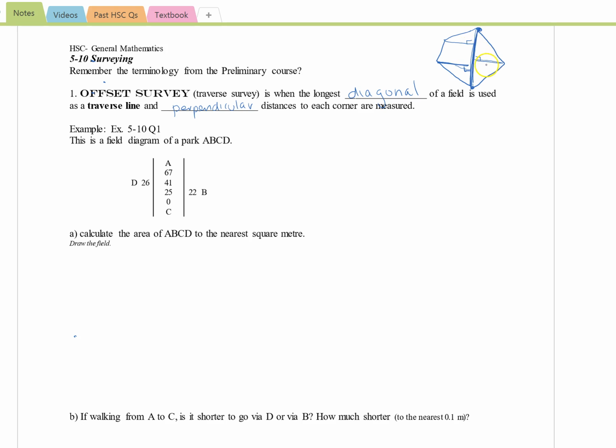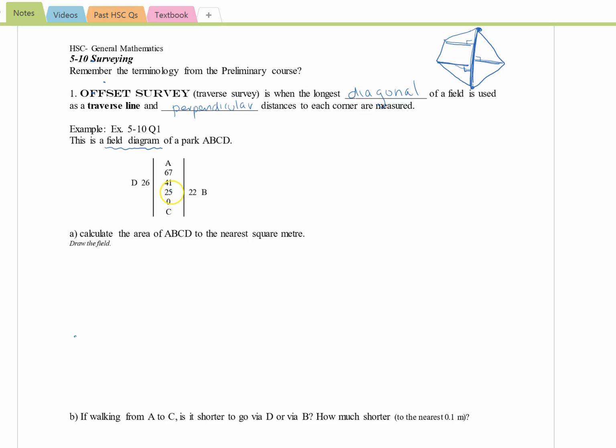So these perpendicular distances get entered into our field diagram. You can see that in this particular example we started at C, and how do I know that? It's because the first measurement here is a 0.